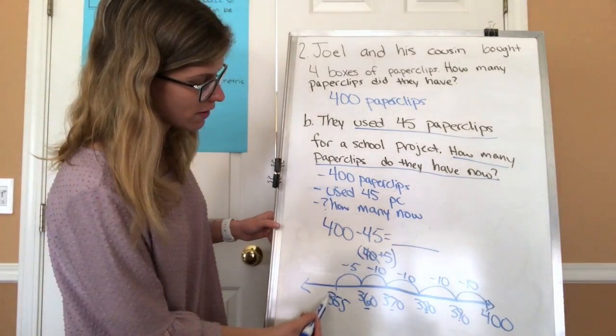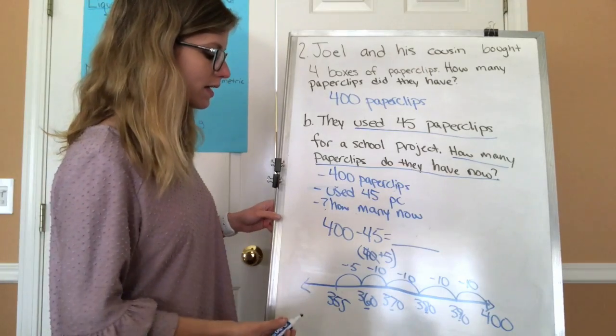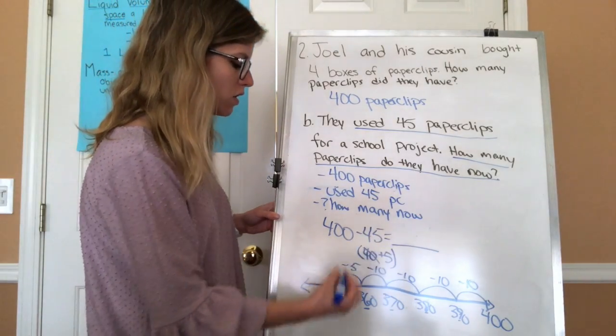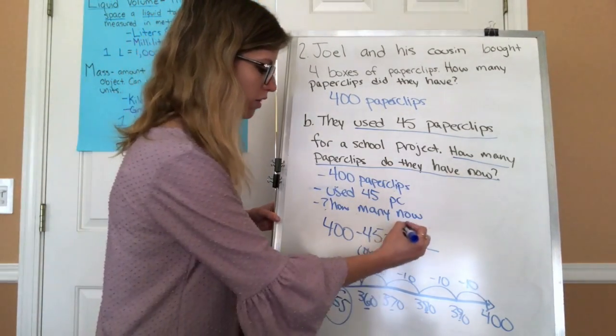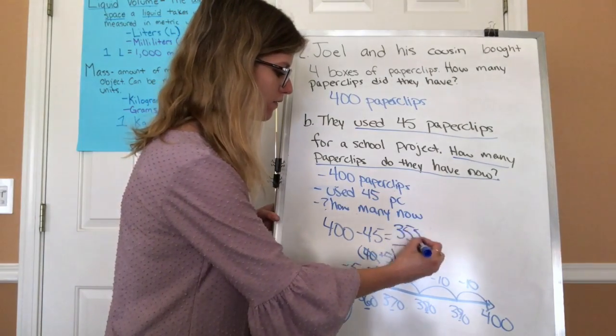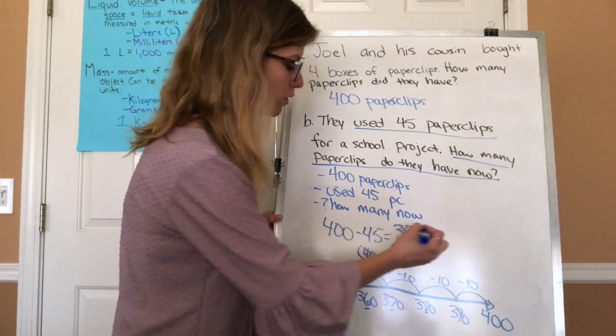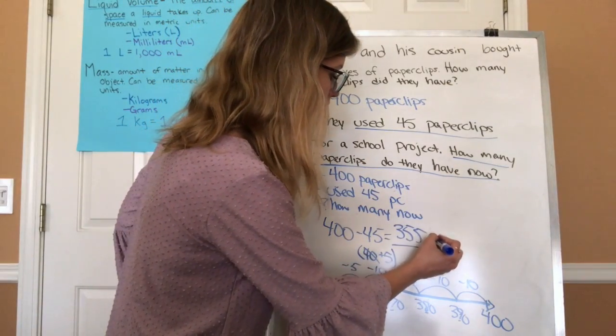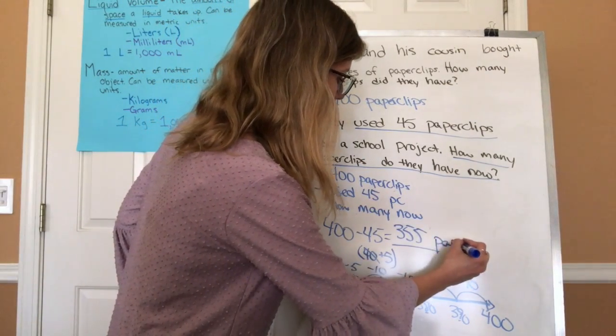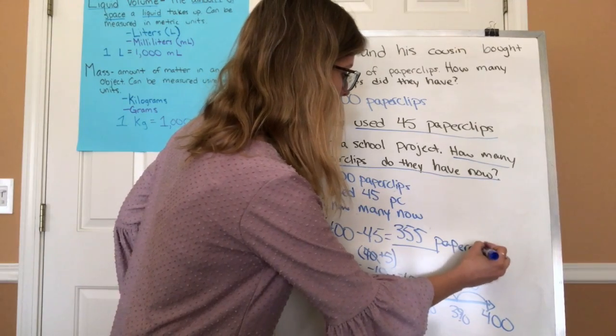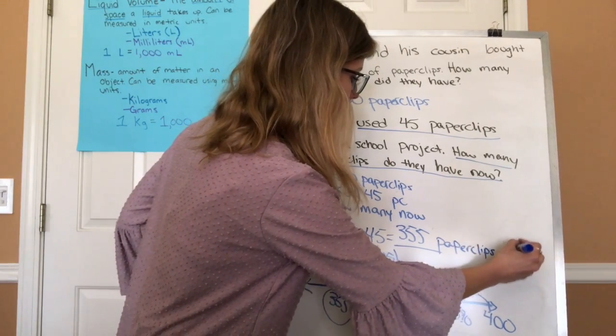And I could also think about if I added 5, I would get to 360 from 355. So my answer would be 355, and our label is paper clips. So there's 355 paper clips left.